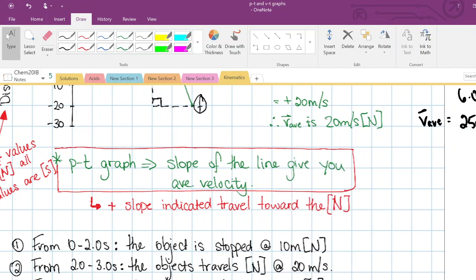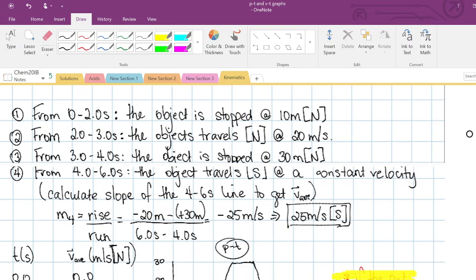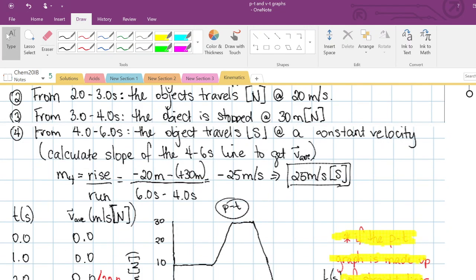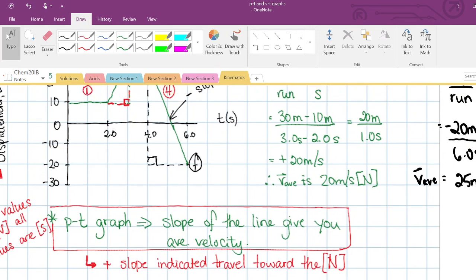From 3 to 4 seconds, the object is stopped at 30 meters north. And then from 4 to 6 seconds, the object is traveling at a constant velocity, I did have it down here, of minus 25 or 25 meters per second south.